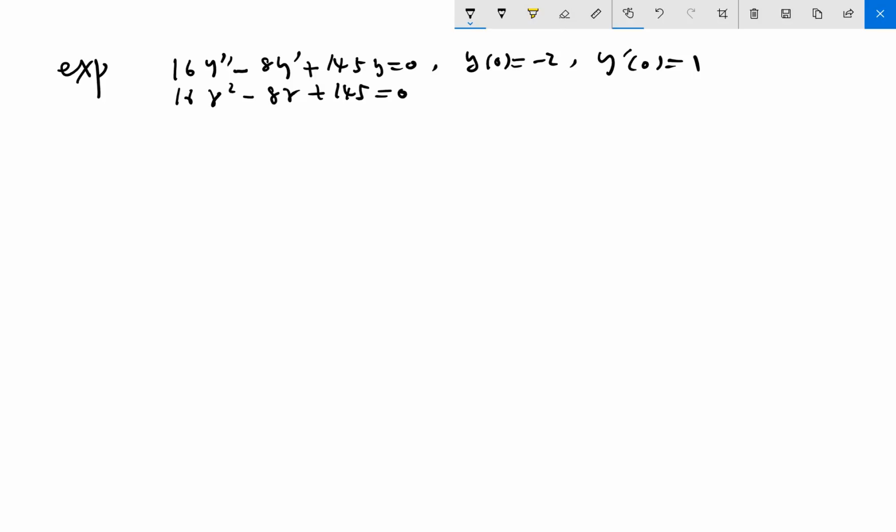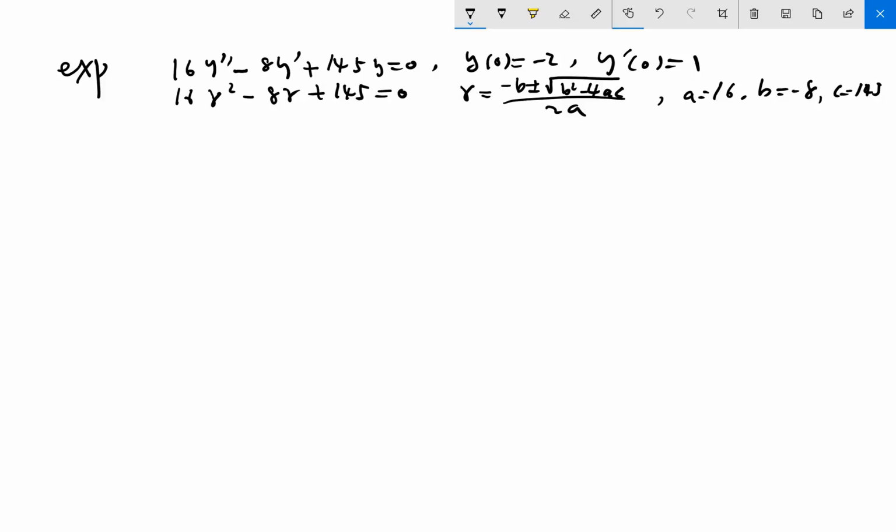However, for a quadratic equation, we can always use the quadratic formula: r equals minus b plus or minus the square root of b squared minus 4ac, over 2a. Our a here is 16, b is negative 8, c is 145.